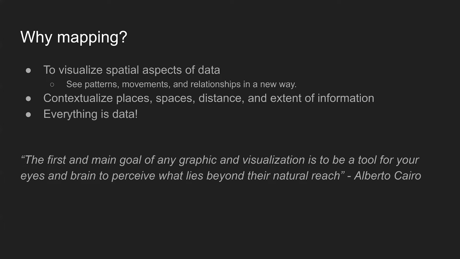And you can use mapping to imply the geographic nature of that data while saving things like color and line and shape and shading for the aspects of the data itself. That lets you look at and present patterns or movements or relationships between different things that may have a geographic component.